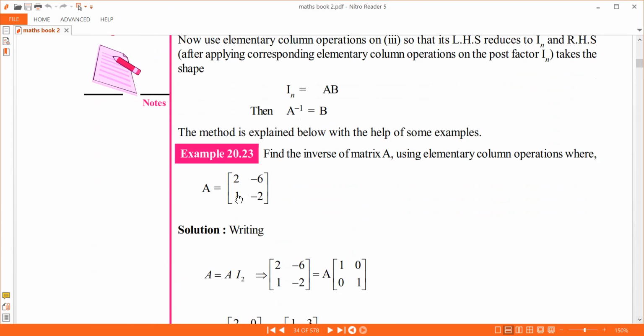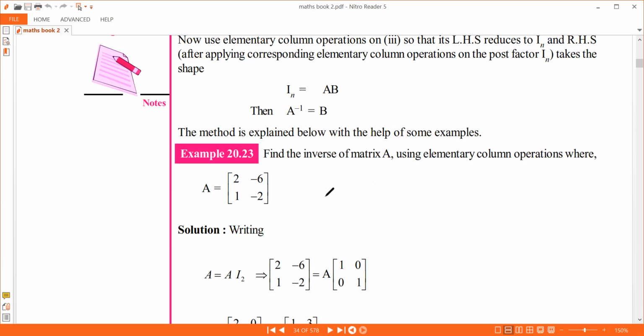So let's do this in our way. Elementary operations, I'll explain later. So first, let's do it in our way and check the answers whether we are getting it all right or not. So let's do it in our way.